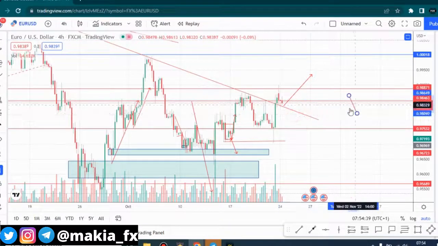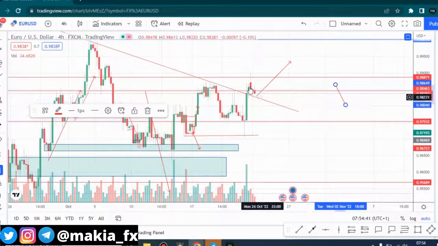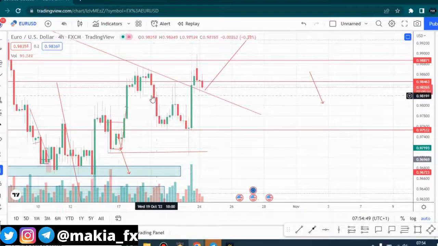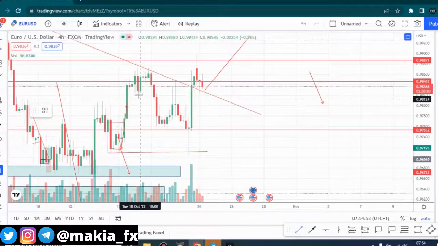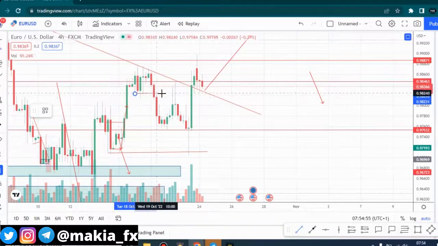So for today, if I wanted to trade, I'll be waiting to see how prices react after the trend line. If prices go below the trend line and break this previous, let me just write a little bit, because this is an area, this is what I'll call a neckline.